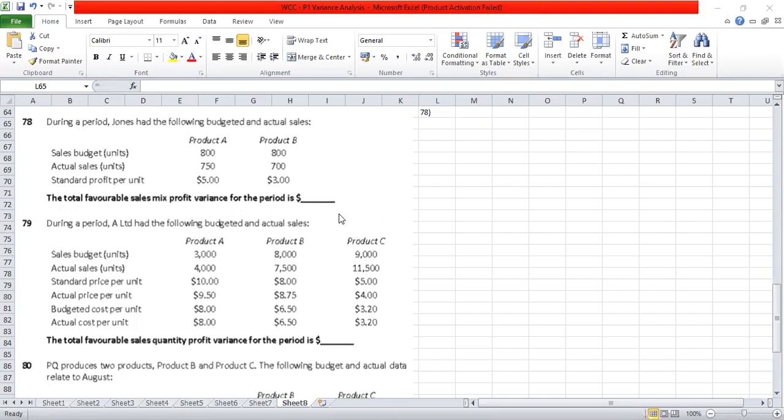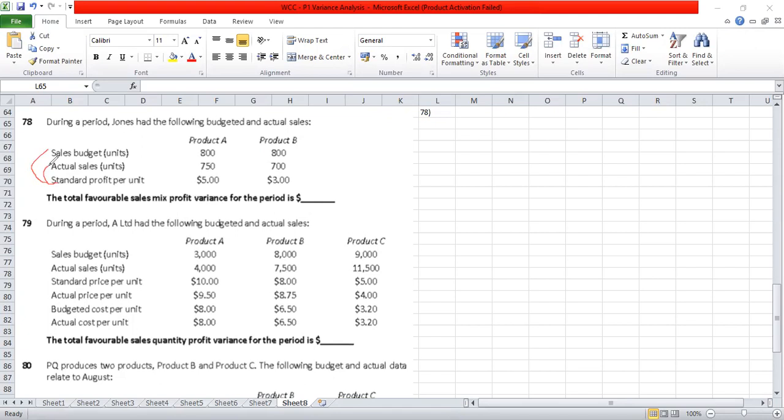When we are talking about volume, the volume is always multiplied at the standard price. So the standard profit per unit is given. We need to find out the standard cost of the standard quantity minus the standard cost of the actual quantity. Anything is applicable at the standard rate only.